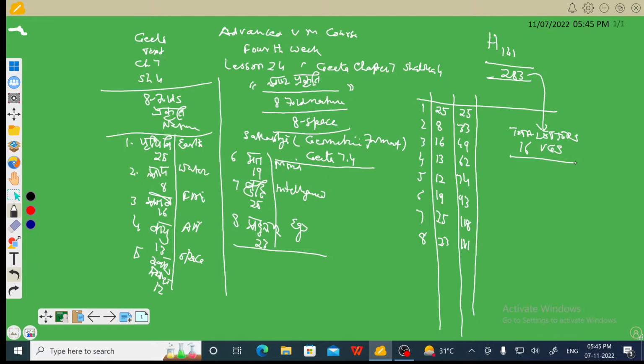TC value is 25. Second is Apa, water. TC value 8. Anal, fire. TC value 16. Vayu, air. 13. Kham, space. 12. Man, mind. 19. Buddhi, intelligence. 25. Ahankar, 23. Ego. So these are the 8 folds.